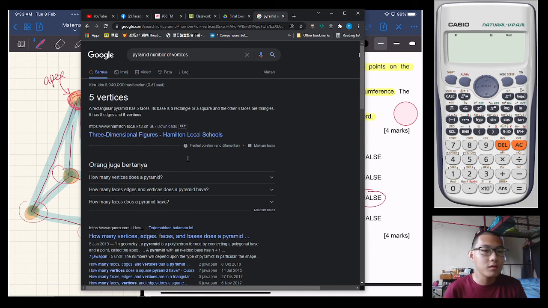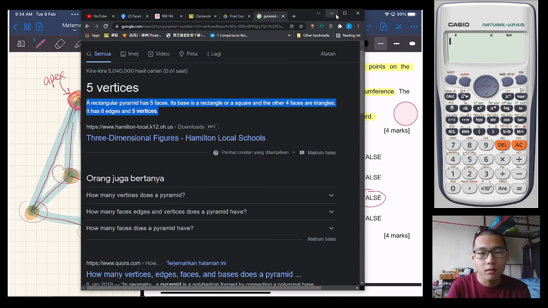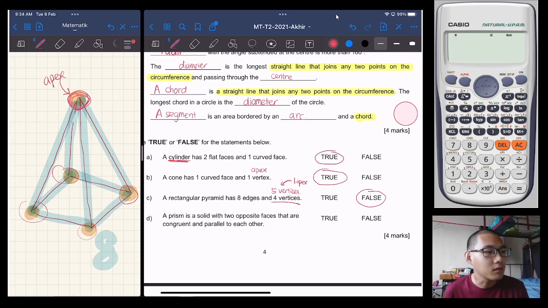Google will highlight this one, 5 vertices. A rectangular pyramid has 5 faces, the base is a rectangle or square, and the other 4 faces are triangles. So it has 8 edges and 5 vertices. That means 1 vertex is already included. So we need to understand that apex is not just an apex. Apex is also a vertex.